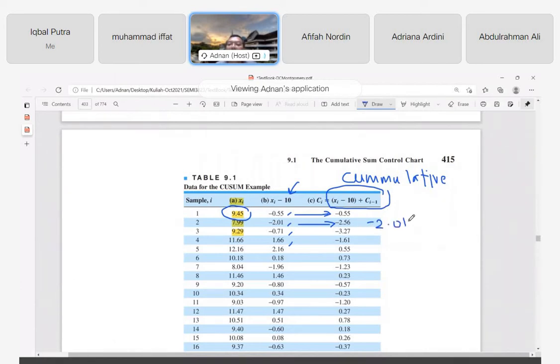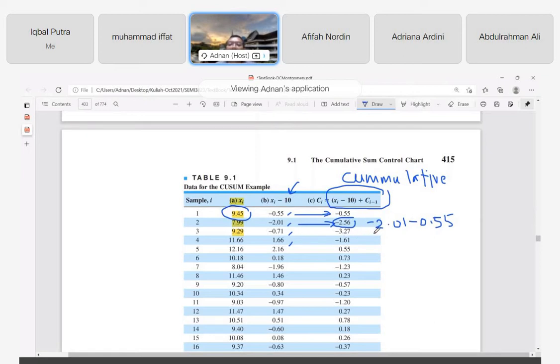Again you have the previous line, plus C2 minus 1, which is C1, which is minus 0.5. Because it is plus and you have minus, it will become minus. So with that, you're going to get minus 2.56. The same method continues.